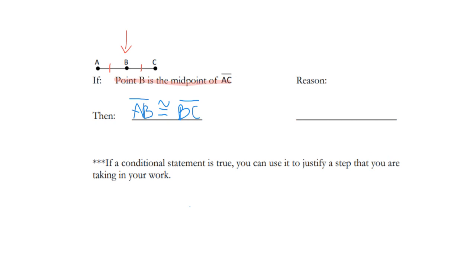Well, because if a point is a midpoint, then it divides the segment into two congruent segments, which is what we reviewed on that previous screen. That's the definition of midpoint. So that is our reason that we can go from this fact to this fact. Again, if a conditional statement is true, you can use it to justify a step you are taking in your work.